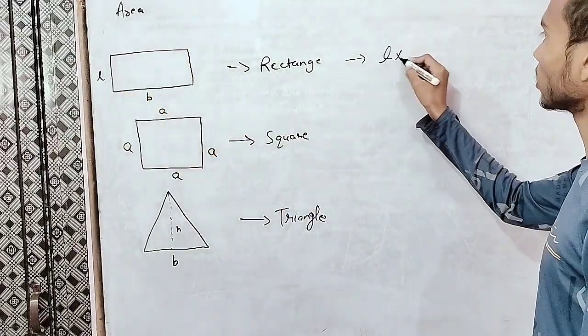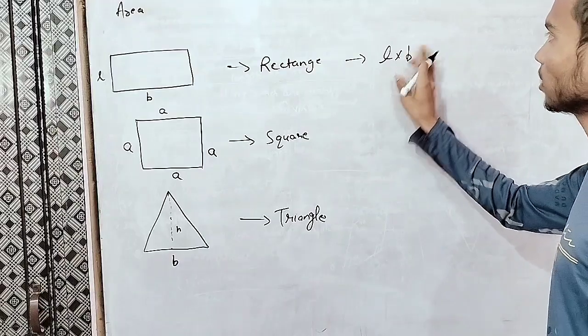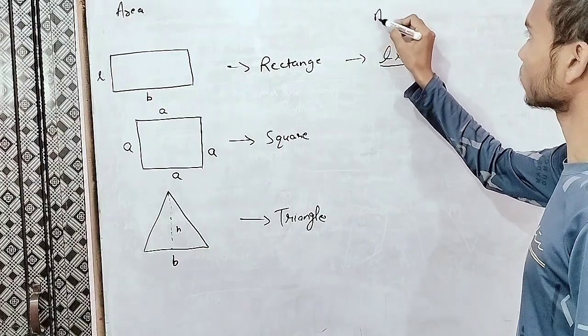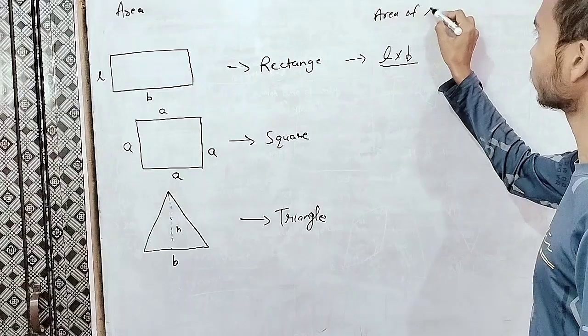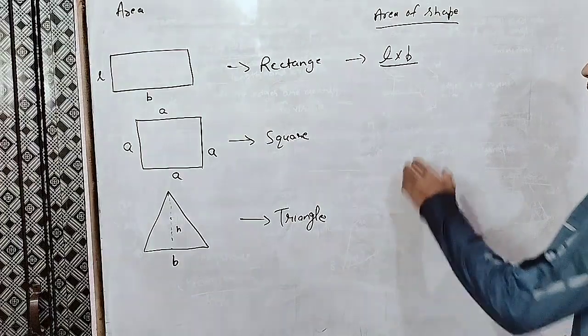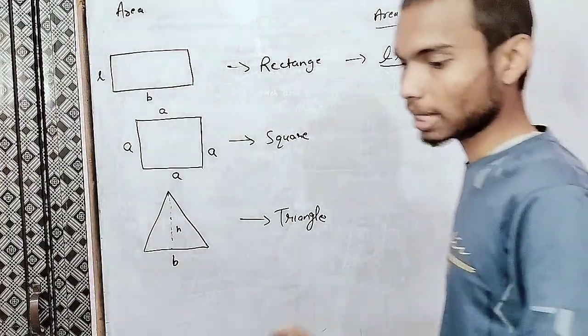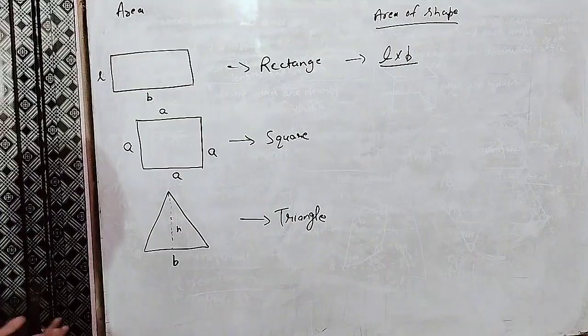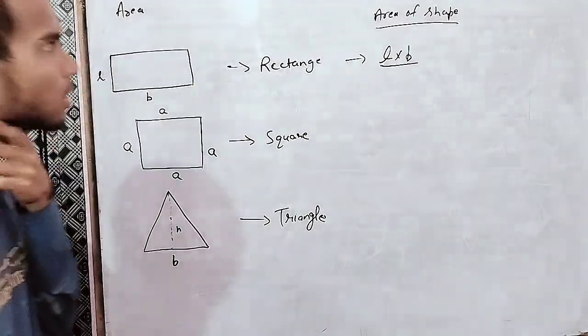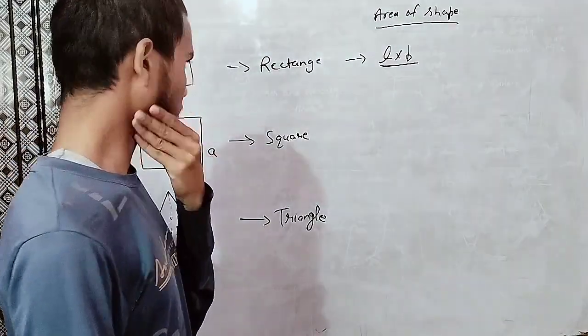So L multiplied by B. And this is the area of the shape, and we represent it in mathematical form.